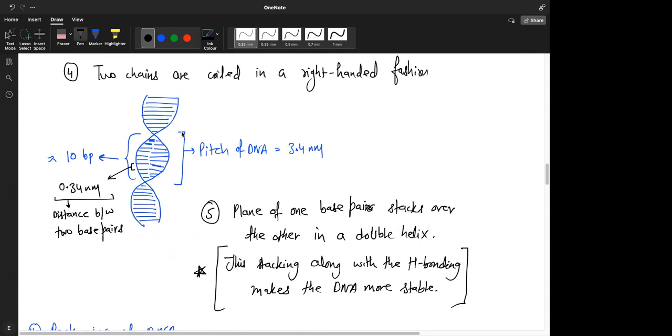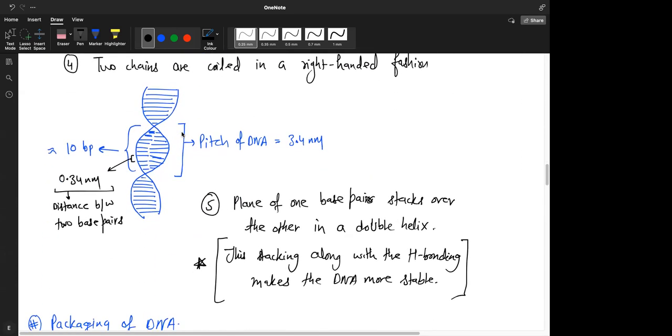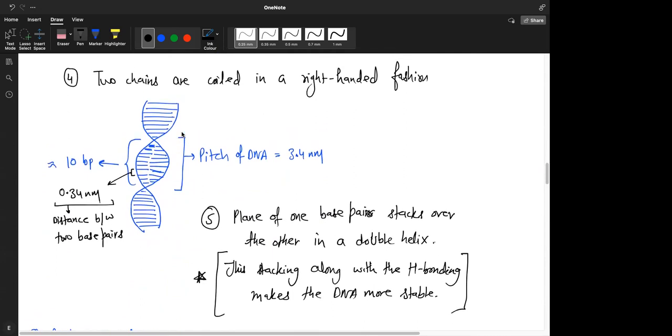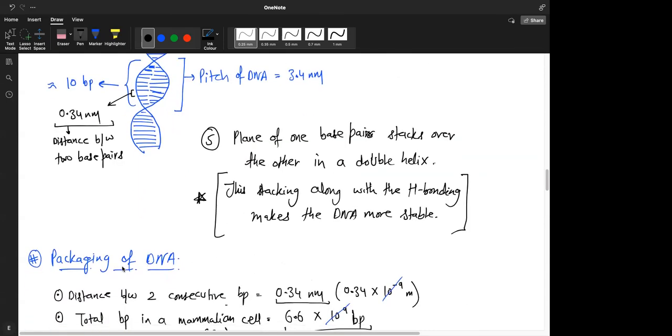The two strands are coiled in a right-handed fashion, and the distance between two base pairs is 0.34 nanometers. The plane of one base pair stacks over the other in a double helix. This stacking along with the hydrogen bond makes DNA more stable.